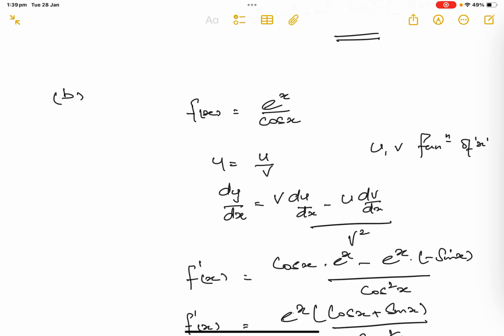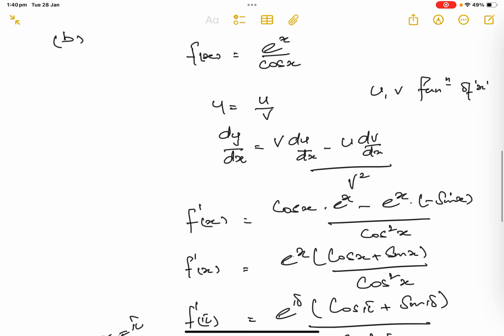If that's so, dy over dx equals v, the denominator, times the differentiation of the numerator, v times du over dx, minus the numerator times the differentiation of the denominator, so u times dv over dx, the whole thing divided by v squared, the square of the denominator.